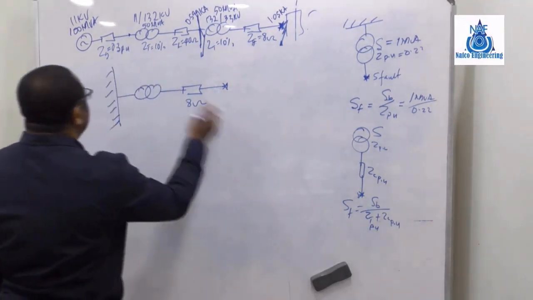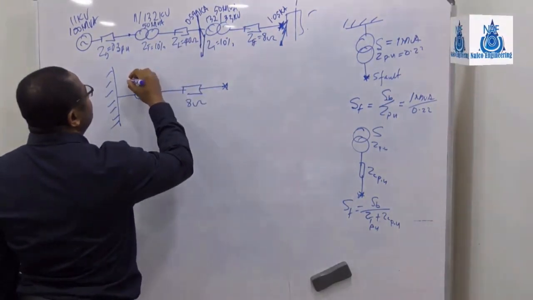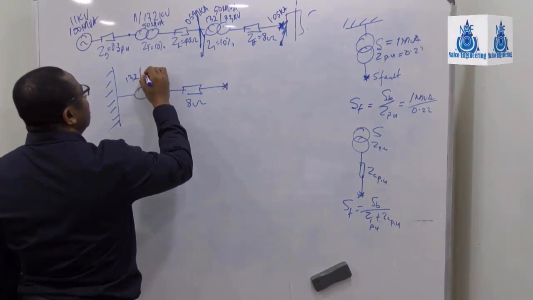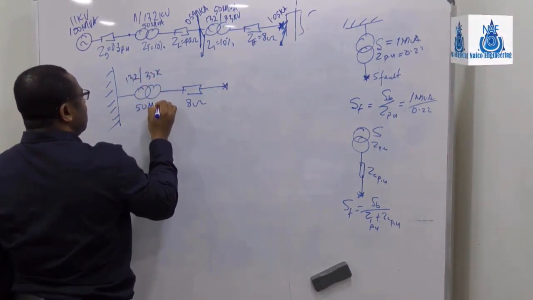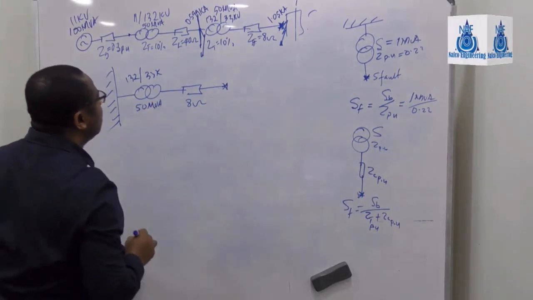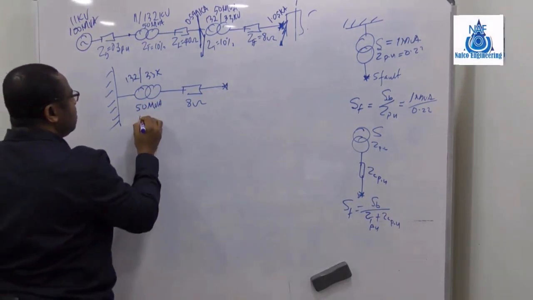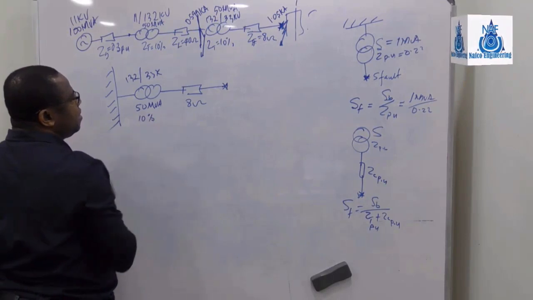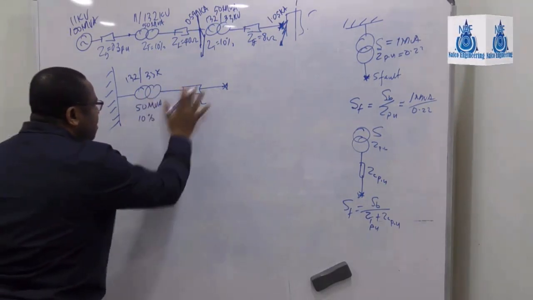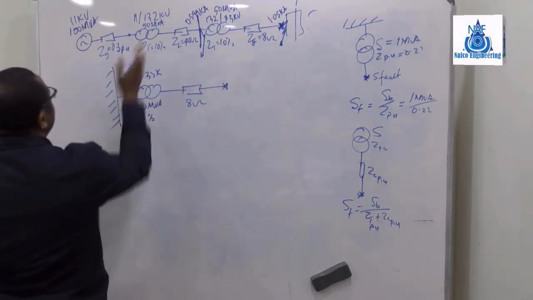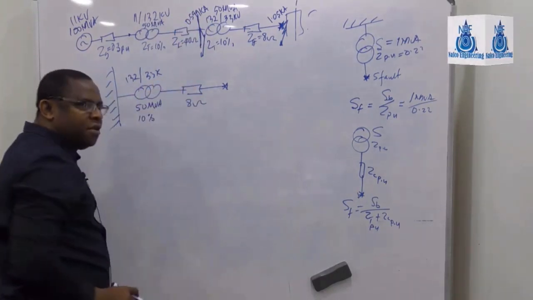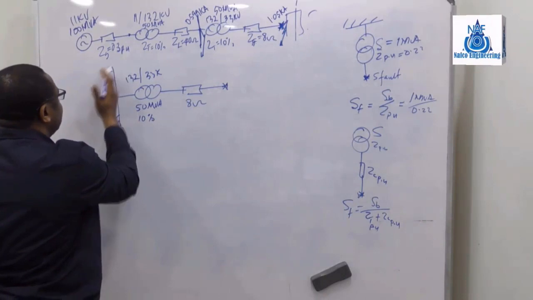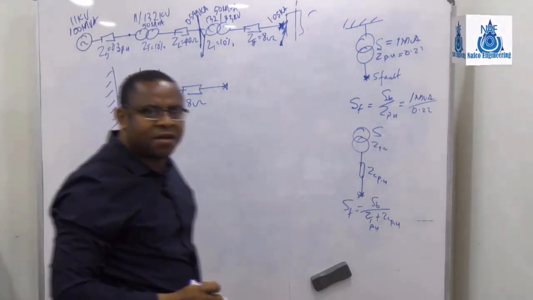So let's say this is 132/33 kV, a 50 MVA transformer, and it's 10% impedance. As it is, you don't know what is going on here, you just know this and that, and you didn't care about the fault level at the bus bar.